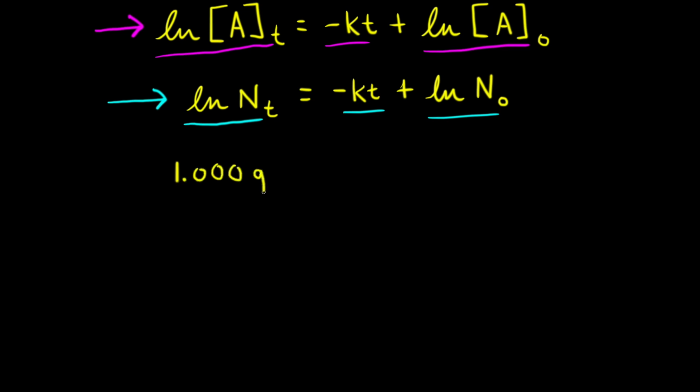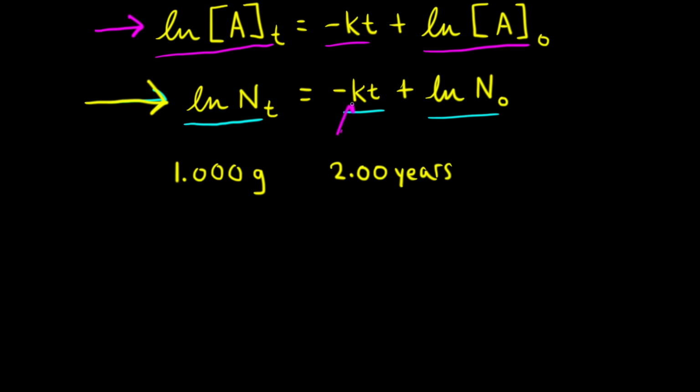So let's say we start with 1.000 grams of our strontium-90 radioactive isotope, and our goal is to find out how much remains after 2 years. So we're going to wait 2 years and find out how much of our radioactive isotope remains. We are going to use our equation for the integrated rate law, and let's plug in what we know.